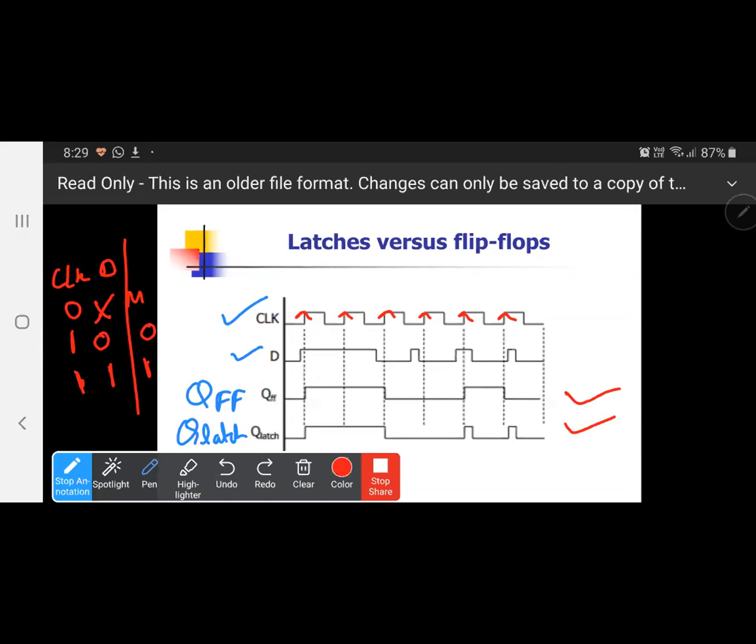Everyone is understanding or not? Yes, it's clear. So, for positive edge triggering, we need to check before the clock. So clock is 0. If clock is 0, it will work as a memory. Clear?